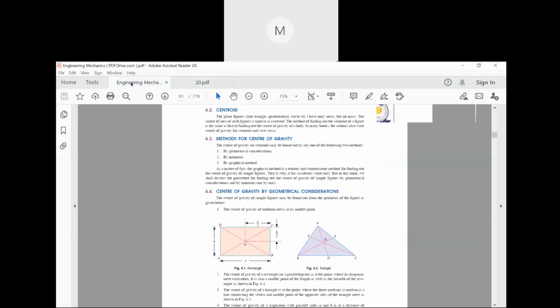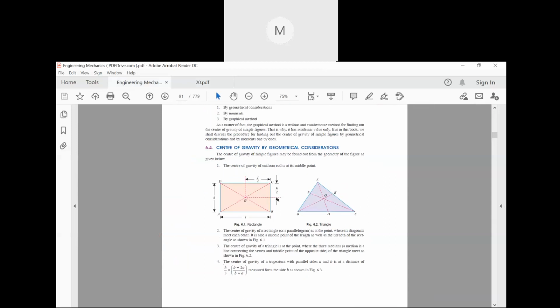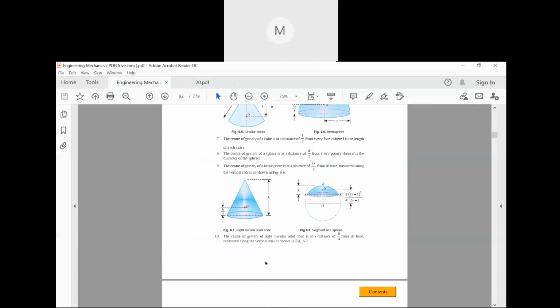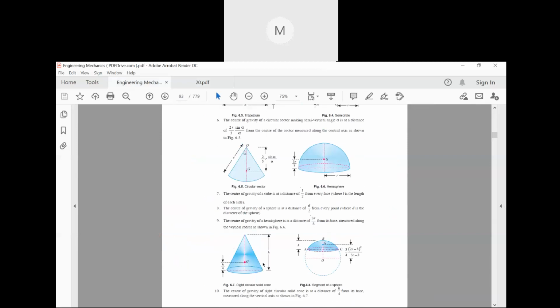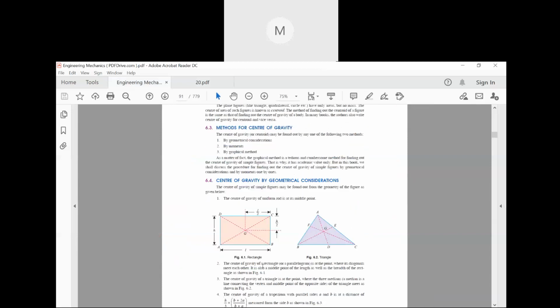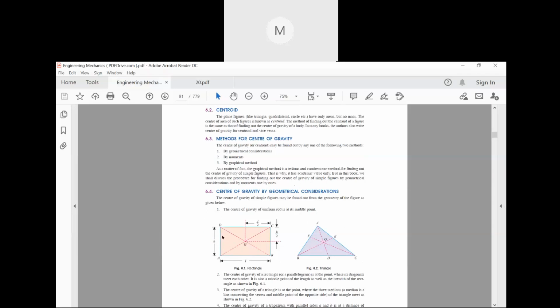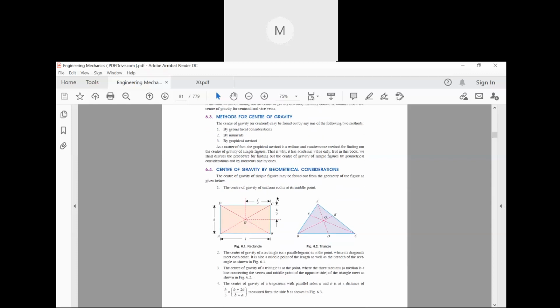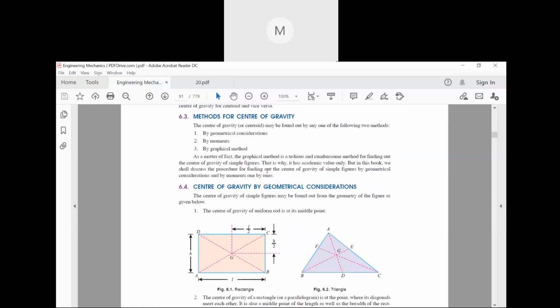Now first of all, how will you find out the center of gravity?